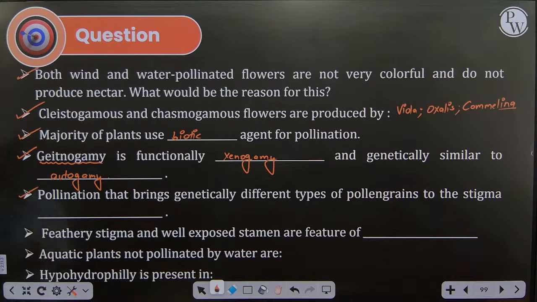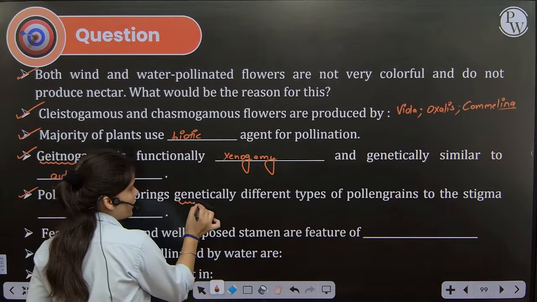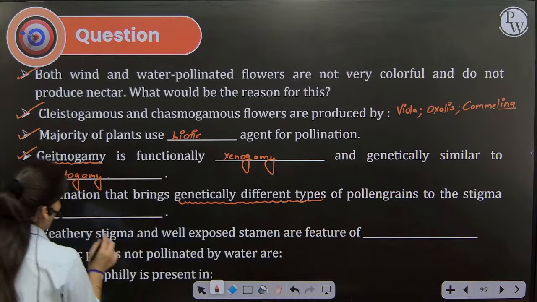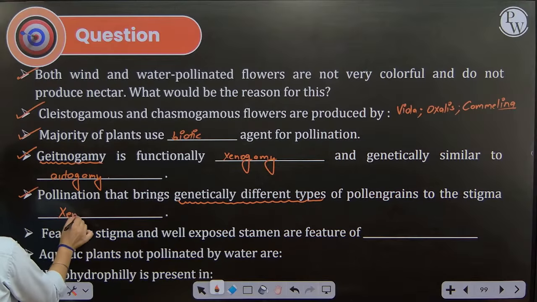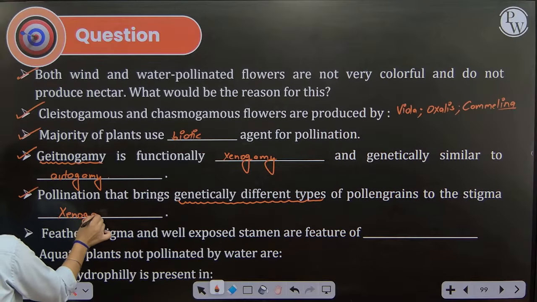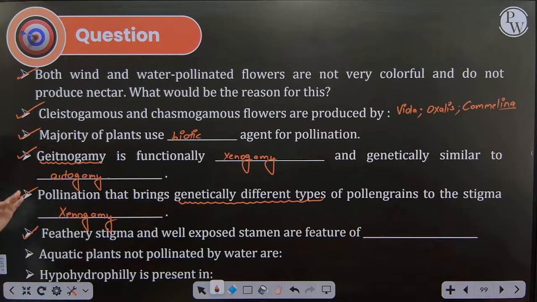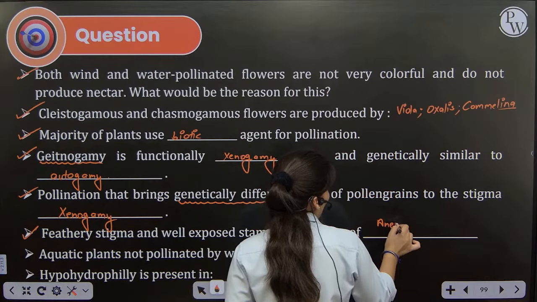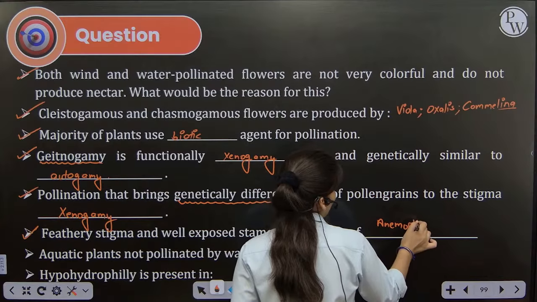Pollination that brings genetically different types of pollen grains to the stigma is xenogamy. Next, feathery stigma and well exposed stamens. This is a characteristic feature of flowers which are pollinated with the help of wind, anemophily.